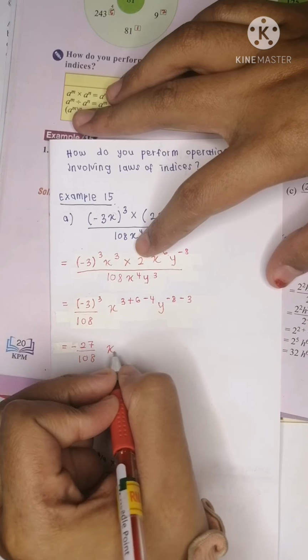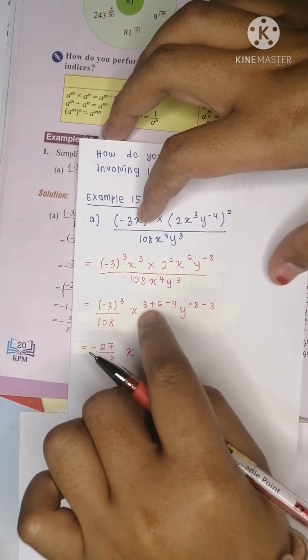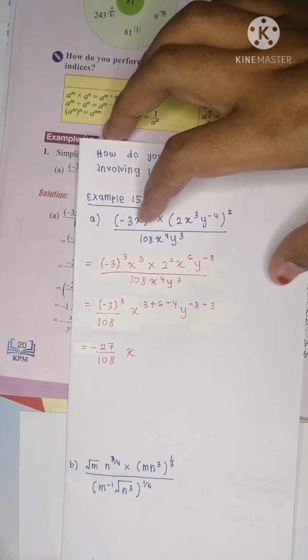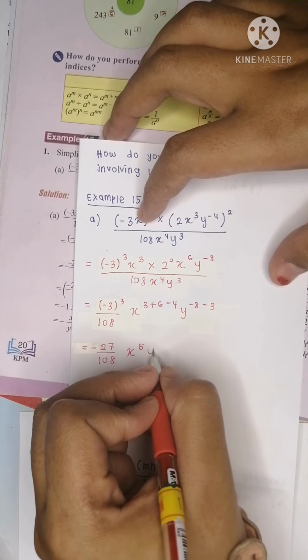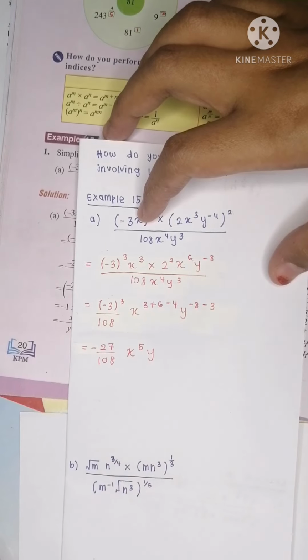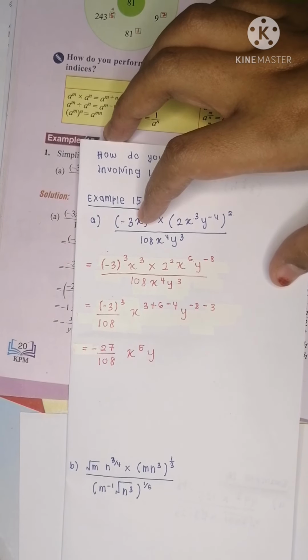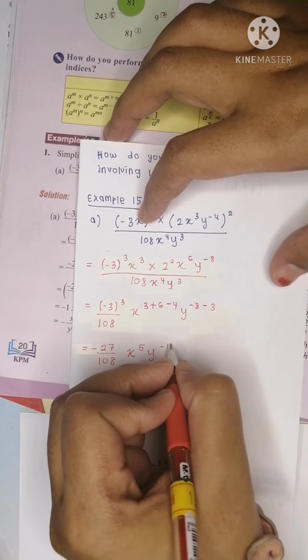Now x: 3 plus 6 minus 4, we got 5. Now look at y: negative 8, negative 3, then we got negative 11.